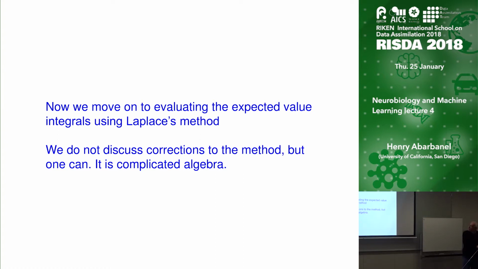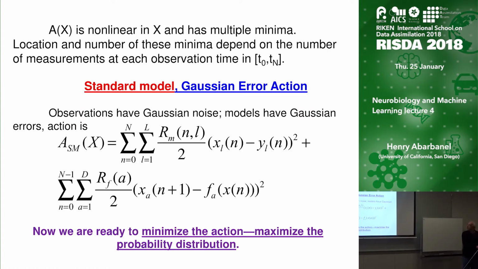All right, I'm now going to go back to Laplace's method in discrete time. And here's the special case. In the limit Rf goes to infinity, the precision of the model is perfect. This term becomes a delta function. All the nonlinearity that makes the minimization of the action complicated lies in here.